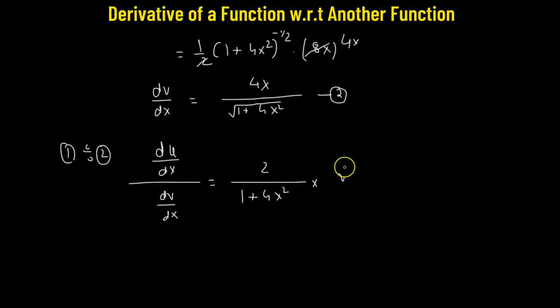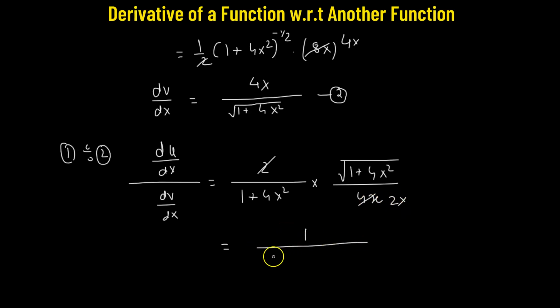So that's simply the square root of 1 plus 4x squared divided by 4x. So we have 2 times 2x is 4x. So this gives us 1 over 2x multiplied by the square root of 1 plus 4x squared. So here du over dx divided by dv over dx is simply du over dv.